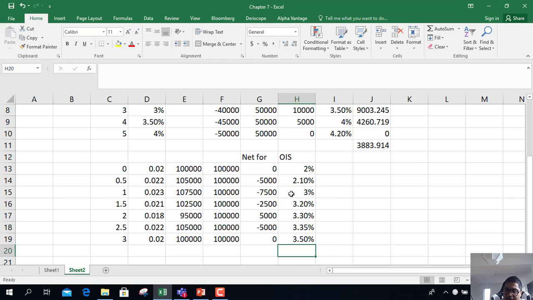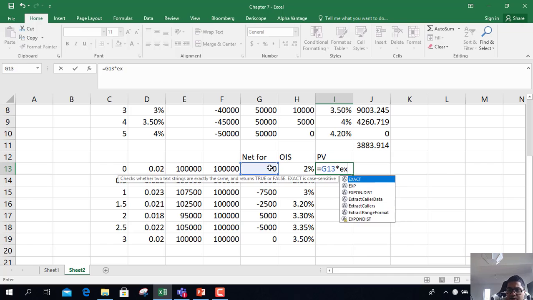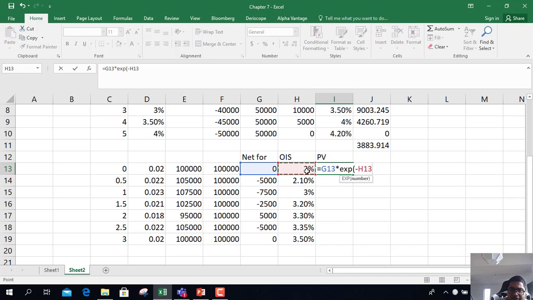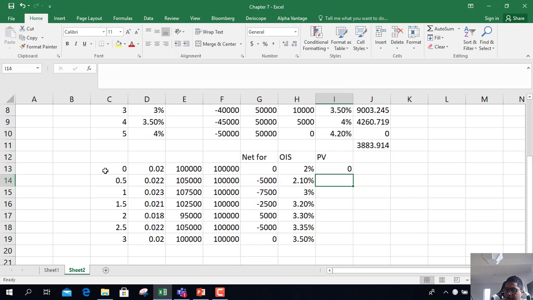So you know the netted amount, you know the OIS rate, you want to find out present value. So present value equals netted amount multiplied by exponential function, negative sign, interest rate times time. Okay, so 0 because the swap is starting right now, so 0.